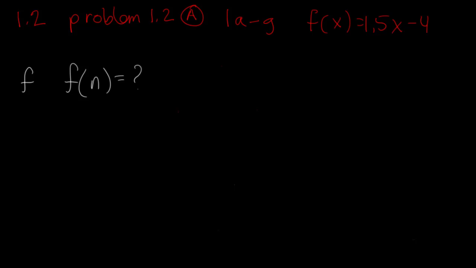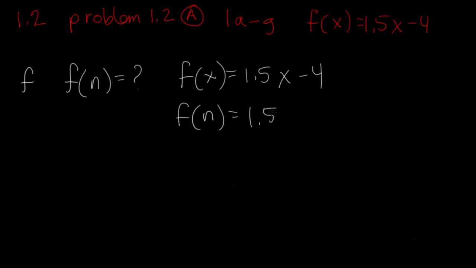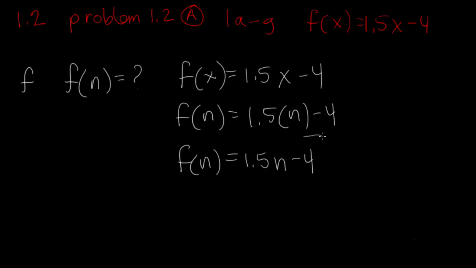You simply take your original statement, f of x equals 1.5x minus 4, and n is now your value, so you replace your variable x with the variable n wherever it is. So your answer, f of n, is equal to 1.5n minus 4, and I only rewrote it because the parentheses are not necessary in this case. So f of n is equal to 1.5n minus 4.